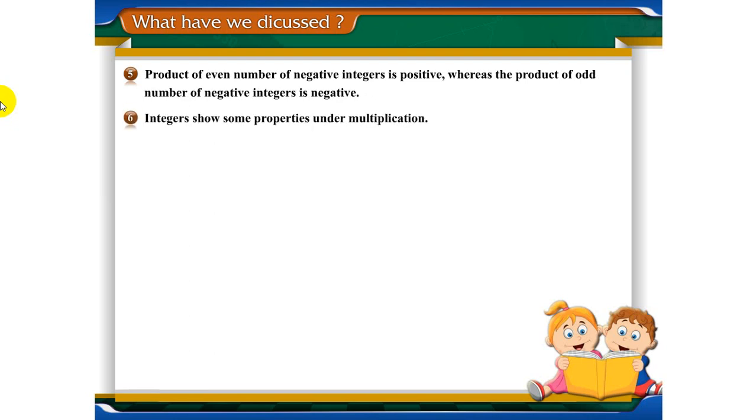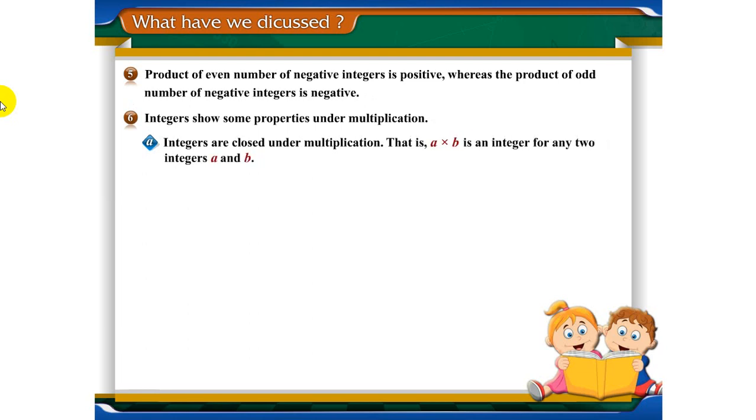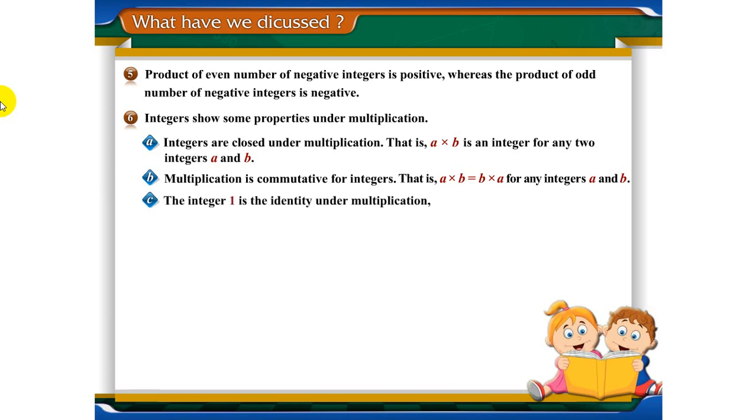6. Integers show some properties under multiplication. (a) Integers are closed under multiplication. That is, A into B is an integer for any two integers A and B. (b) Multiplication is commutative for integers. That is, A multiplied by B is equal to B multiplied by A for any integers A and B. (c) The integer 1 is the identity under multiplication.